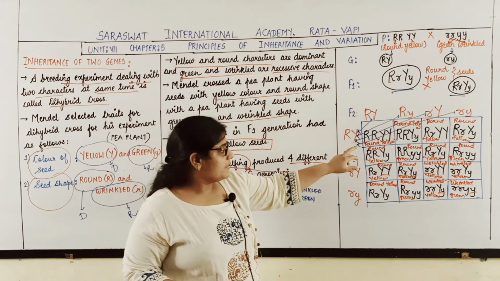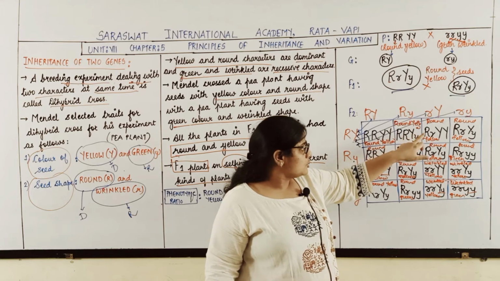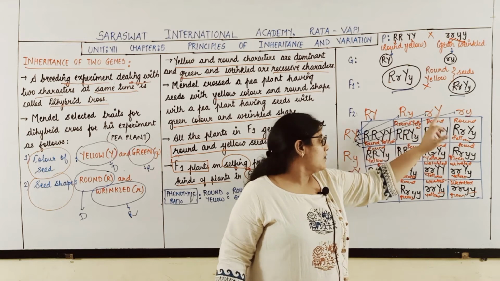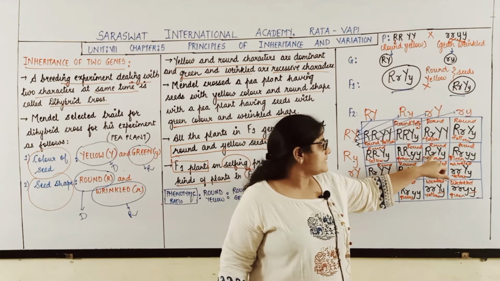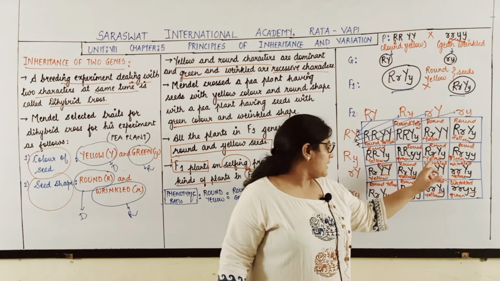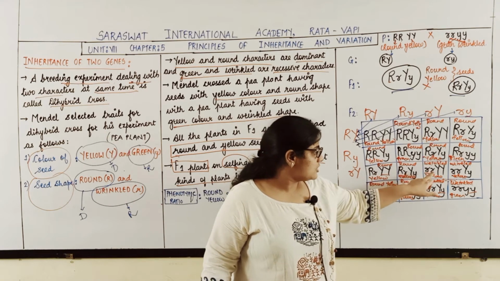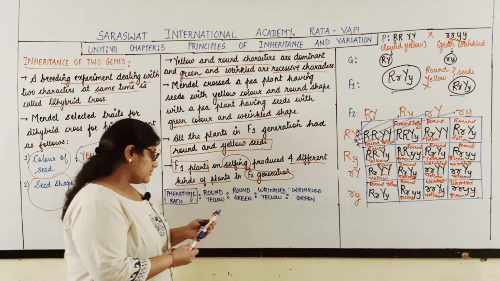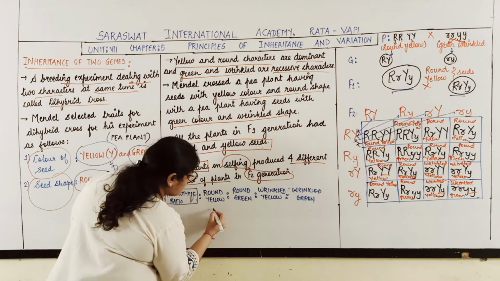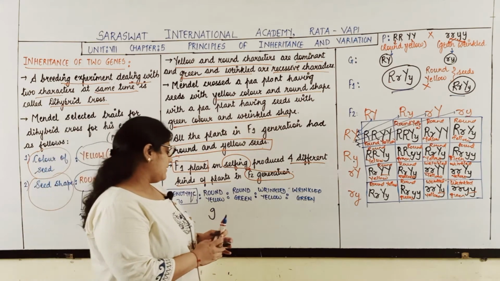Round yellow. See, this is round yellow 1, this is round yellow 2, 3, 4, 5, then this is 6, then 7, 8 and 9. So basically, how many plants? 9.